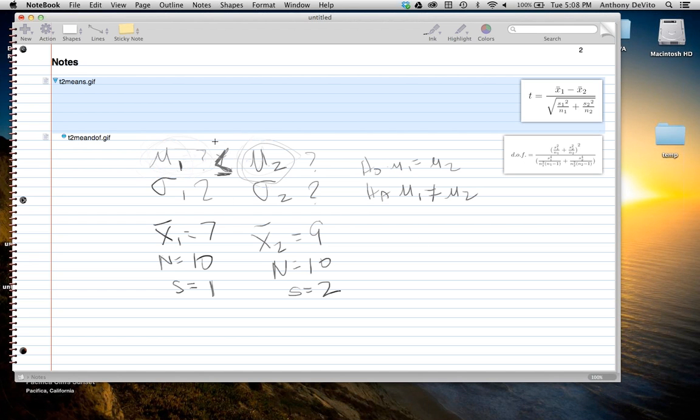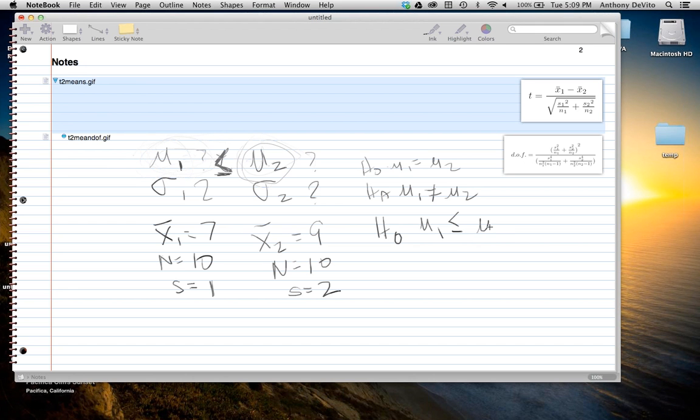So I am going to take this as my null hypothesis. H null: mu1 is less than or equal to mu2. The equal part and the less than or greater than is always in the null hypothesis. The option for equality is always in the null hypothesis.